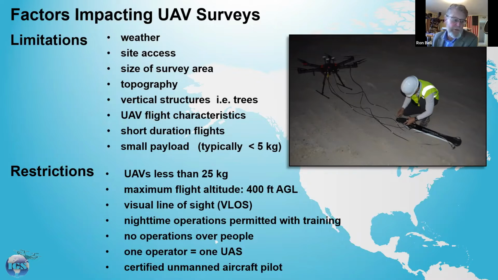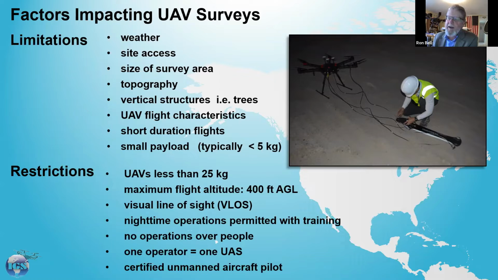We're looking at restrictions. Those are more things like regulations, where we're confined by the FAA in the United States and other governmental groups outside of the United States. Generally, we have to fly UAVs below 25 kilograms, which is the maximum takeoff weight, meaning the UAV plus the payload.